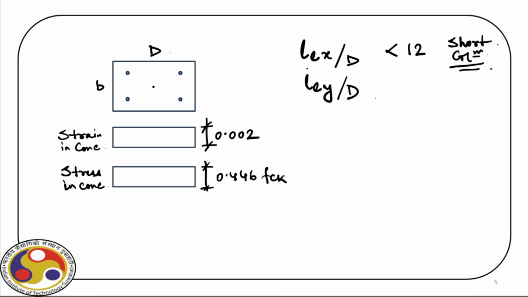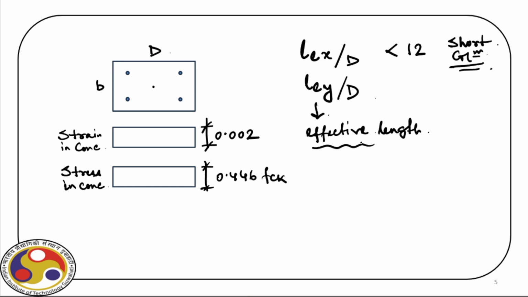And for effective length, it depends upon the boundary condition also, as you all know. So for different boundary condition, the value of the effective length changes. We'll see that in a minute.